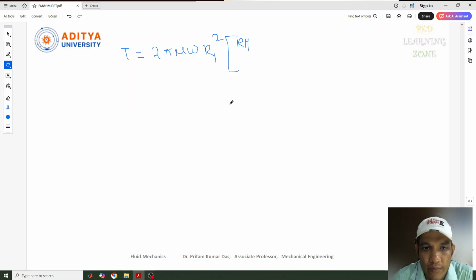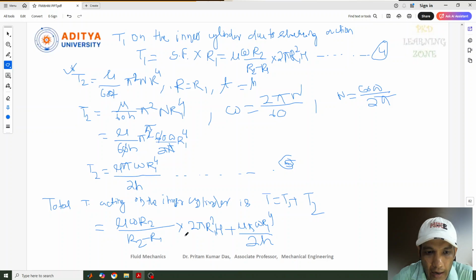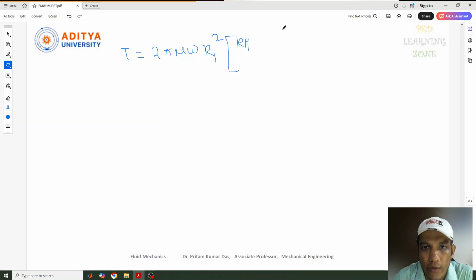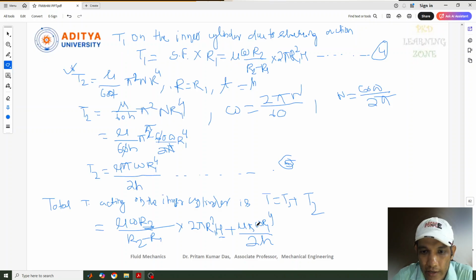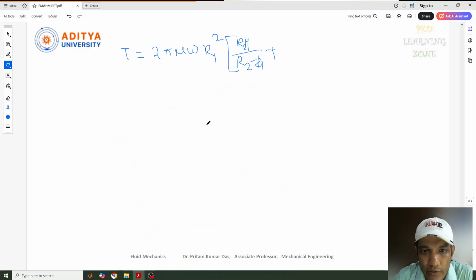The remaining terms: R2H divided by R2 minus R1, plus, on that side, mu is gone, omega is gone, pi also taken.